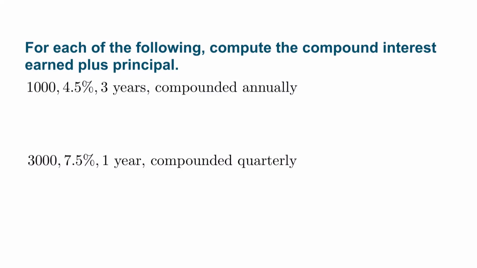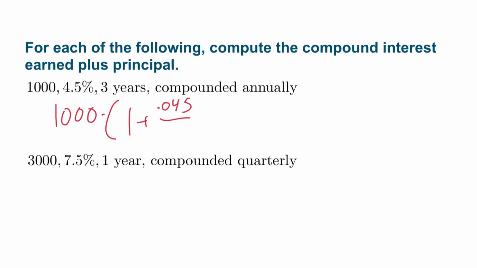So what we'll do now is look at a few different situations for compound interest. Here we have $1,000. The interest rate is 4.5%. We'll lend for 3 years and compound annually. Okay, so what's our formula? I take the principal of 1,000 and I multiply by 1 plus the rate, which is 0.045.